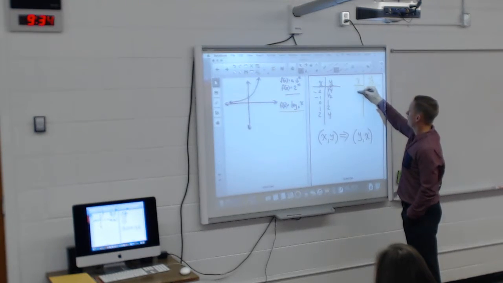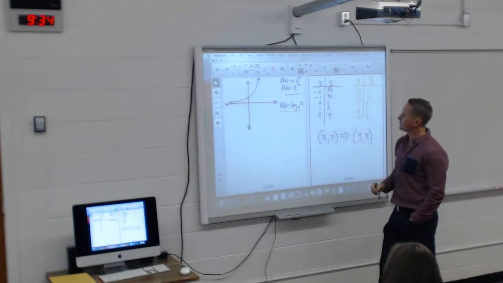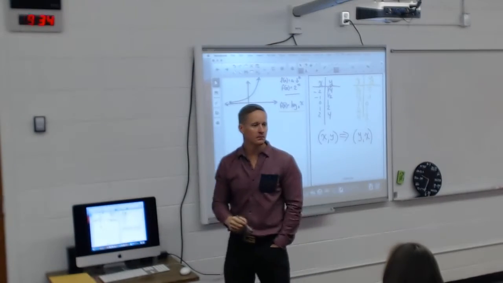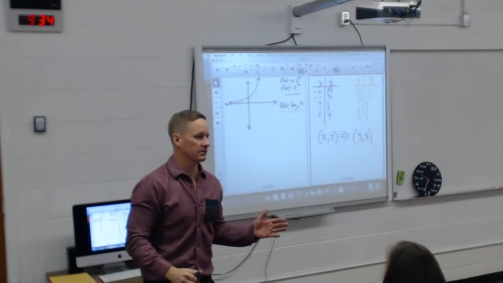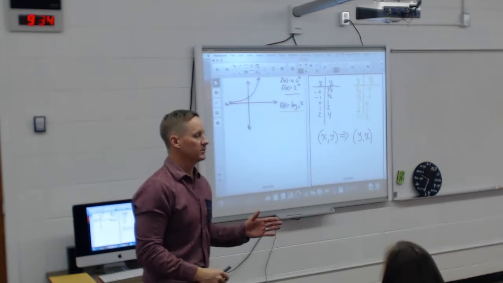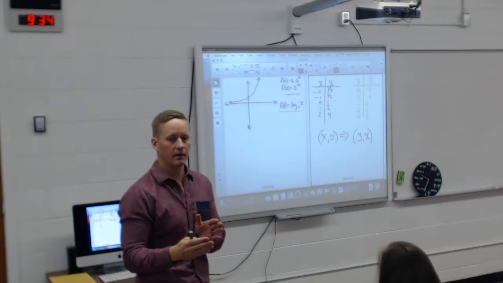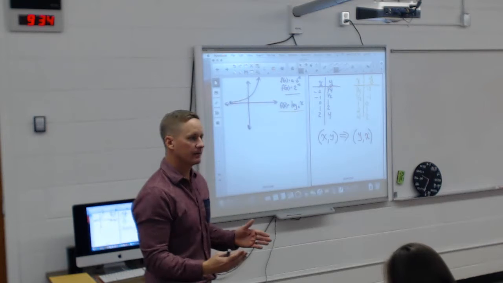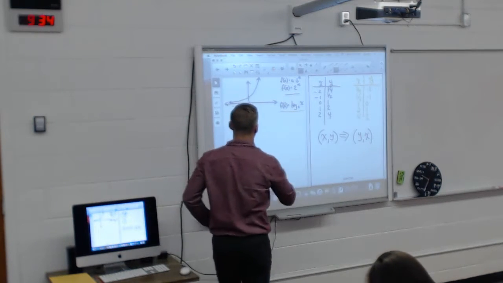So it'll be (1/4, -2), (1/2, -1), (1, 0), (2, 1), (4, 2). So when I graph that, everybody understand this? Just switching my x and my y. Okay? So now when I graph it, it looks like this.